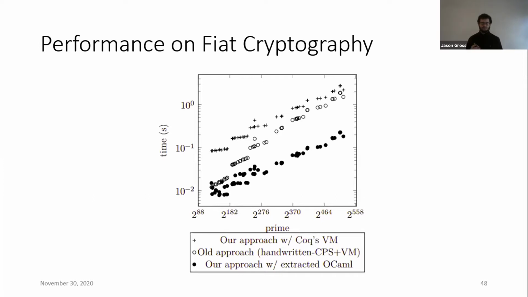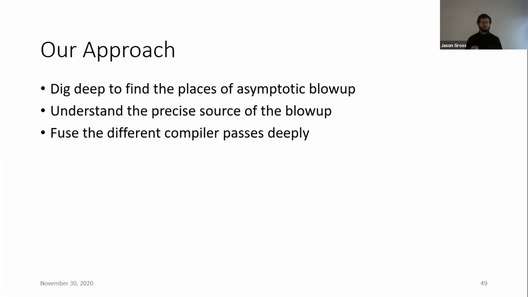If I had had it from the start and organized the project around this partial evaluator, I think I might have been able to avoid all of the performance issues. So our approach of digging deep to find the places of asymptotic blowup, understanding exactly the source of this blowup, and then in this case, fusing the different compiler passes deeply to avoid the intermediate code size blowup, worked pretty well.